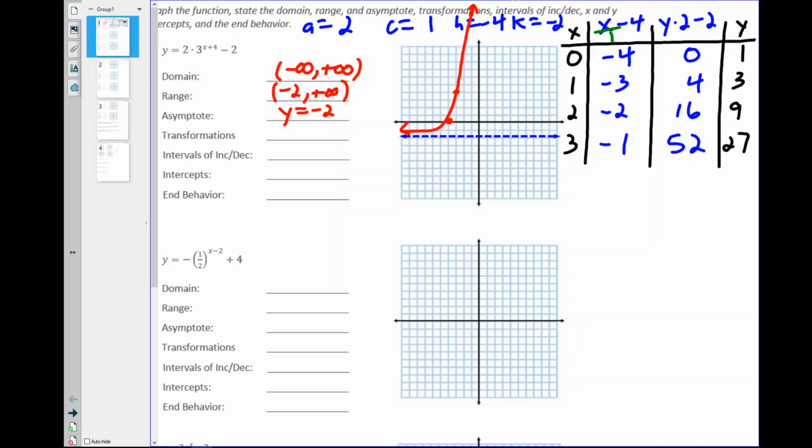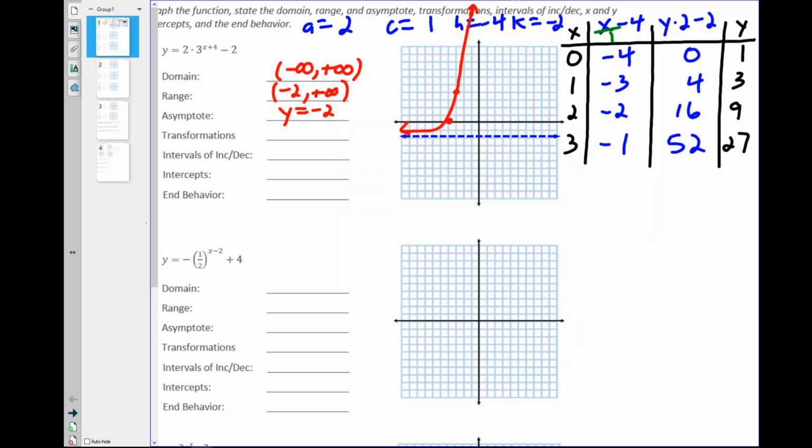How many total transformations are occurring here? 3. Good. What are they? Let's start off with the stretches and reflections first. Let's leave the translations to the end. You don't have to, but I like doing it that way. Vertical stretch of? She told you, Victor. Good. Vertical stretch of 2. And then?